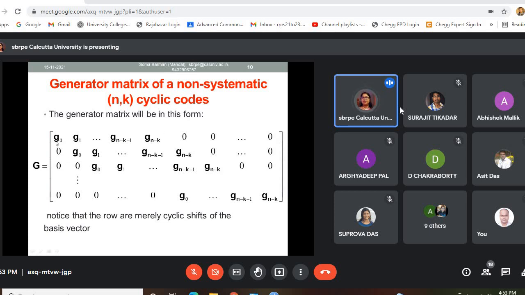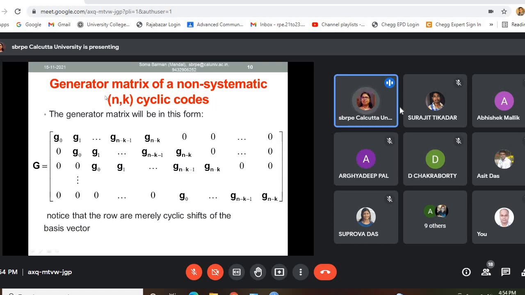See, first is the basis of the generator matrix, G0, G1, G2, G3 up to G(n-k), and the rest are 0, 0, 0, 0, 0. Now, as we are considering a cyclic code, the circular shift property should be satisfied.